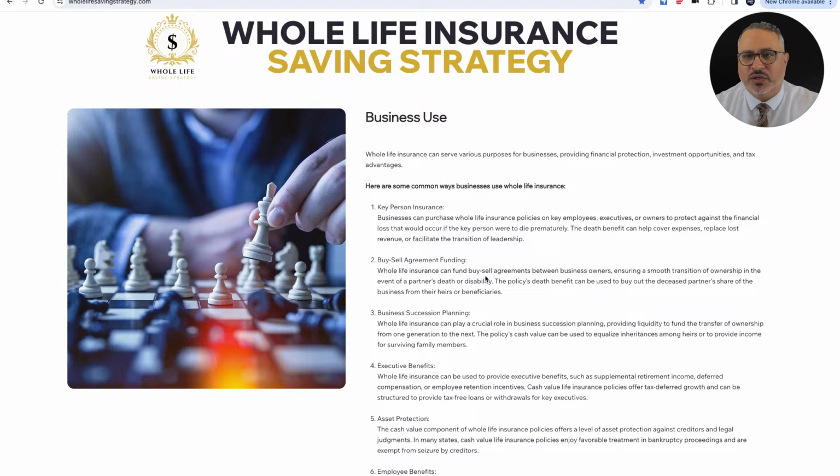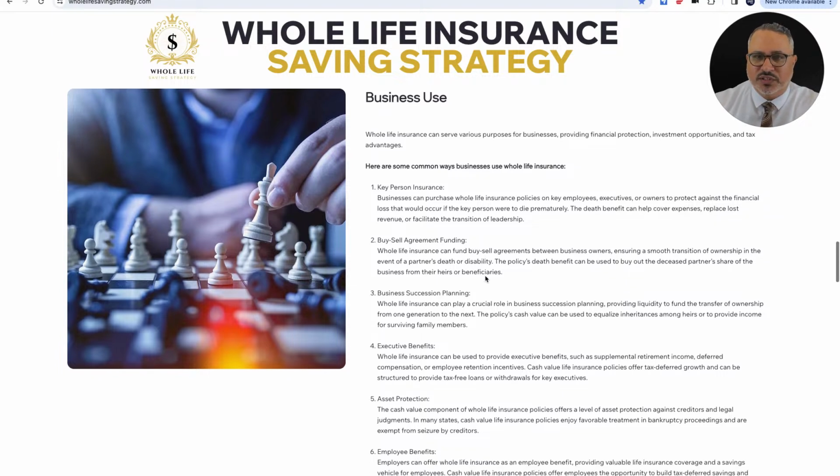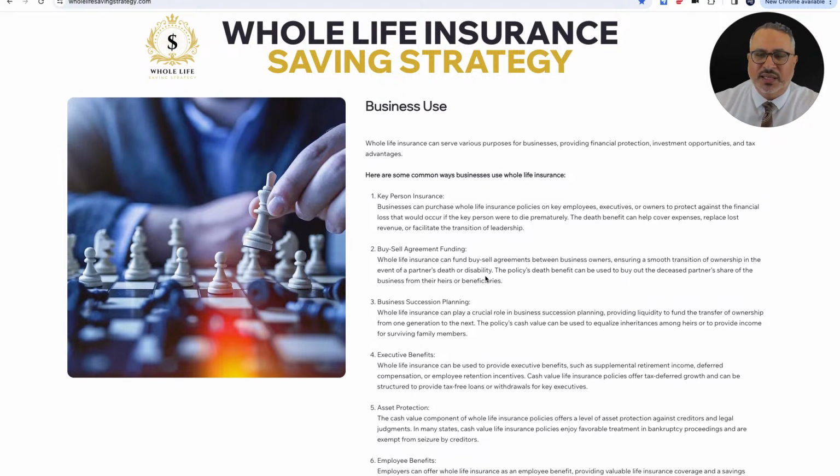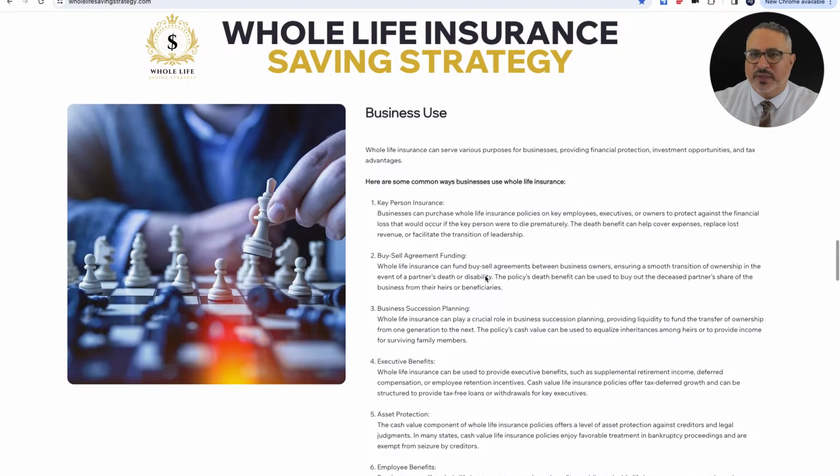So your whole life insurance definitely should be a part of your personal succession plan with your family, but also your business succession planning. And then, of course, your money inside the policy in most states is free from litigation. So if the business has debt and for any reason it falls behind on the debt, the creditors cannot come after your cash value stored inside of your life insurance policy.